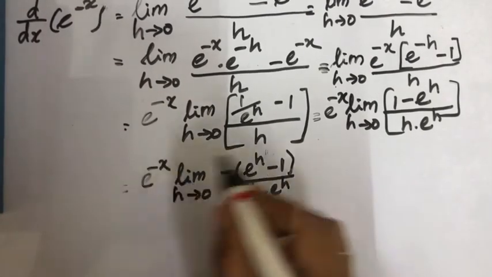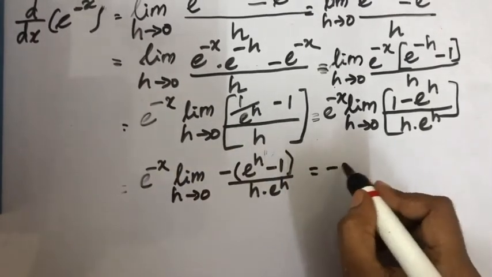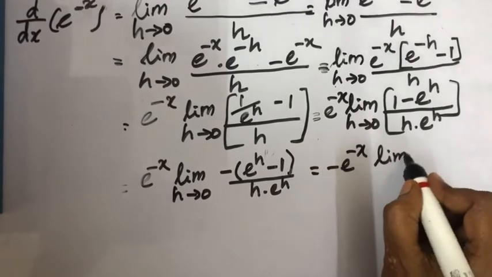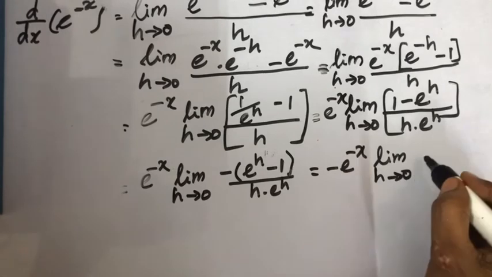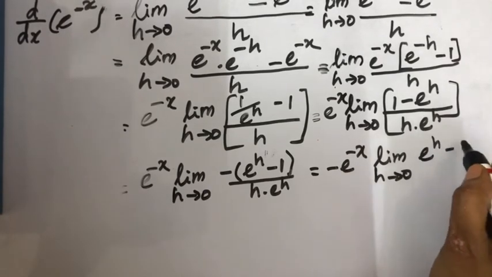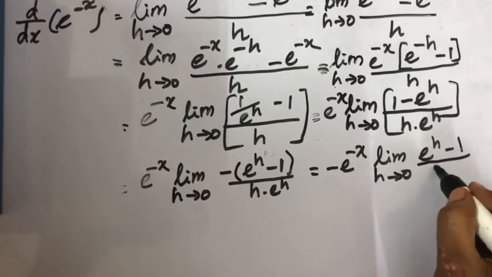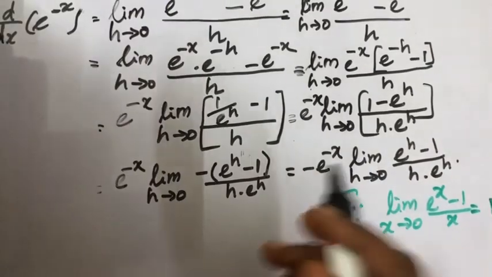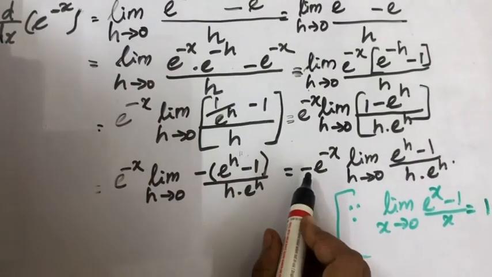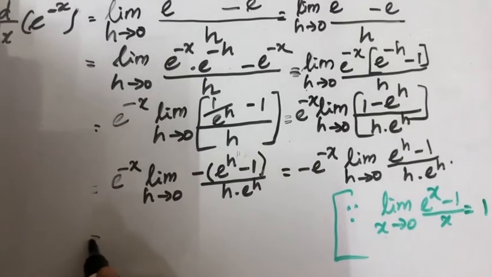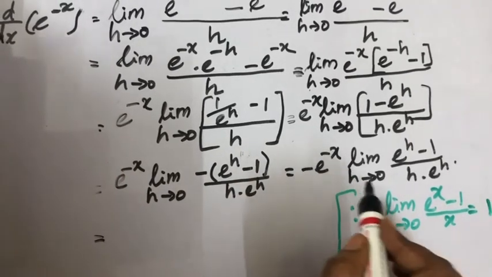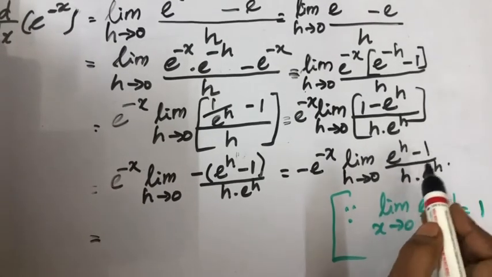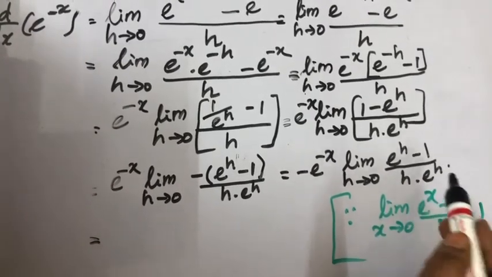We can bring the minus outside, that is minus e power minus x limit h tends to 0 e power h minus 1 divided by h into e power h. So, we have now minus e power minus x limit h tends to 0 e power h minus 1 divided by h into e power h.